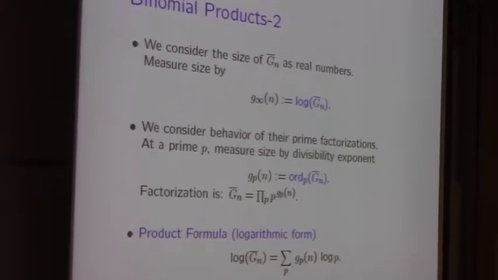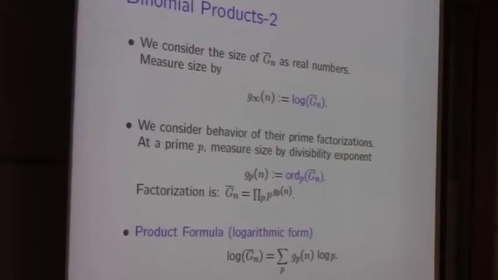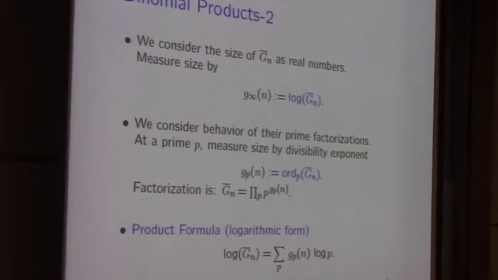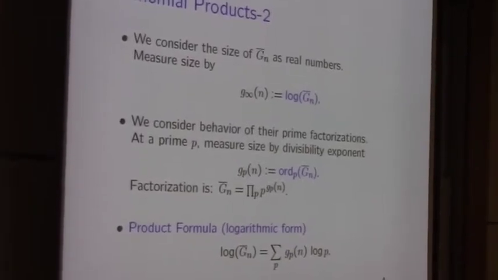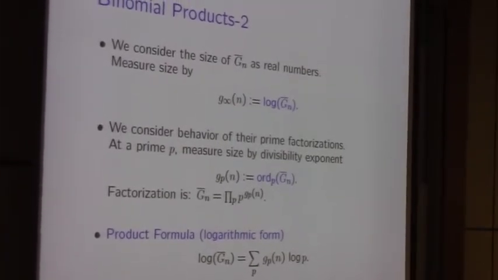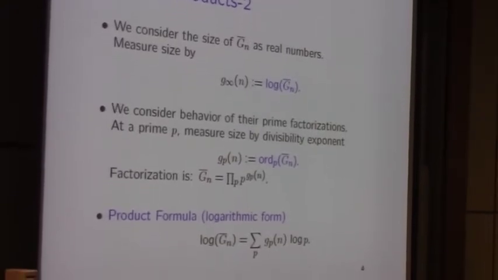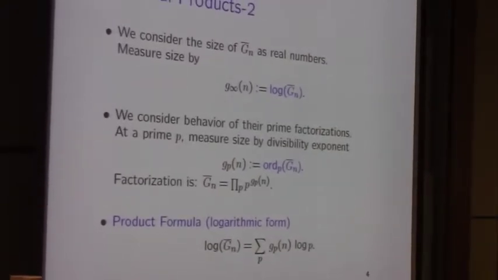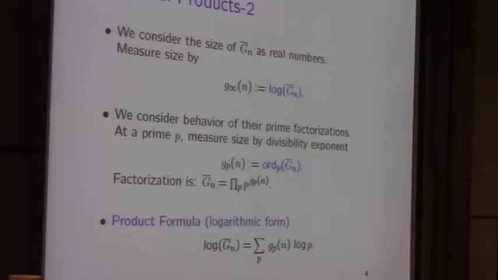One way you can prove things about prime numbers, the Chebyshev estimates of prime numbers, makes use, for example, of binomial coefficients or related things. So we can measure the size of these numbers G_n as real numbers, and the scale I'm going to use is the logarithm. So G bar of n will be the logarithm of the value of the binomial coefficient product. And what is interesting is you can also look at the prime factorization of these numbers.